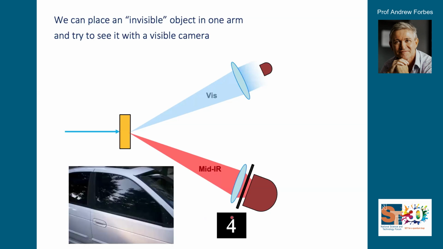And what I can do is I can put this object, let's say, behind some tinted glass. So we know that we can't see through tinted glass with our eyes. Why not? Because visible light doesn't penetrate it, but infrared light does. The same with your hand. You can't see past the skin inside your hand with your eye because visible light doesn't penetrate the skin, but infrared light does.